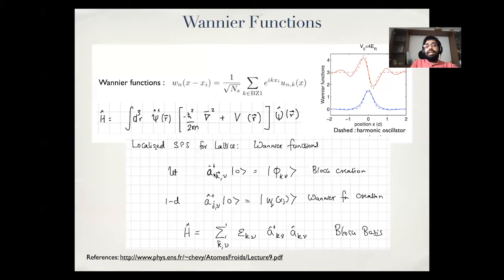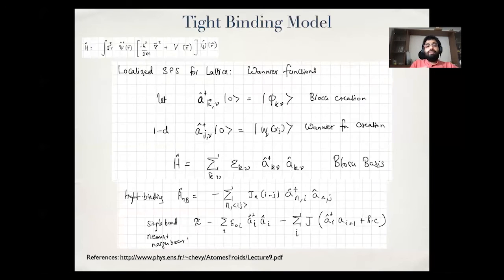But on the other hand, I can also write this Hamiltonian in the Wannier function basis. And when I do, I get this very well-known version of the Hamiltonian of particles in a periodic potential called the tight binding Hamiltonian.